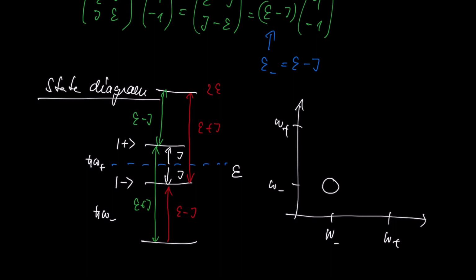So it's going to be here. In both cases it's ground state bleach plus stimulated emission. And we can also have excited state absorption, which for instance starts on omega plus and continues on omega minus. So excited state absorption can only appear here and here. This is excited state absorption.